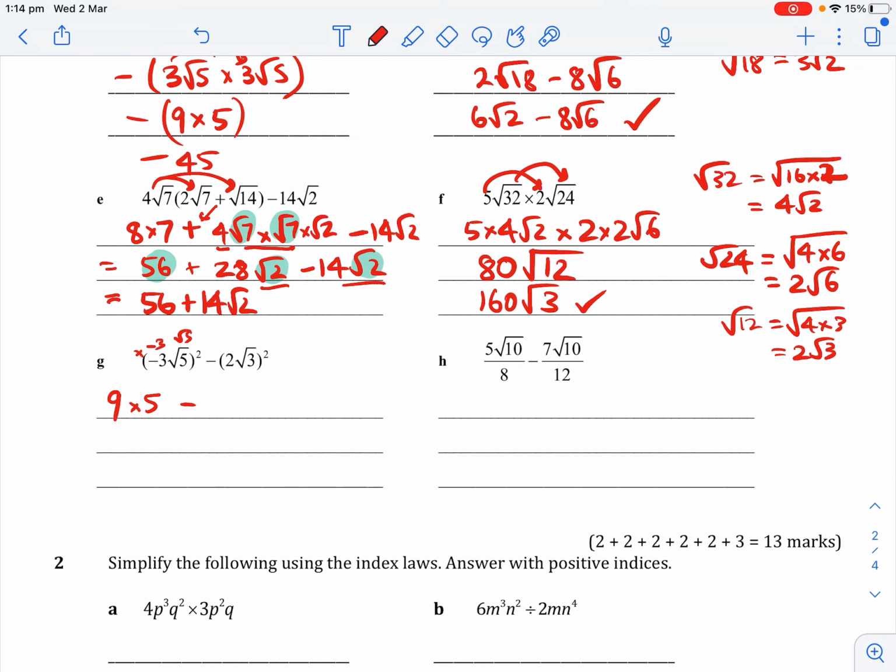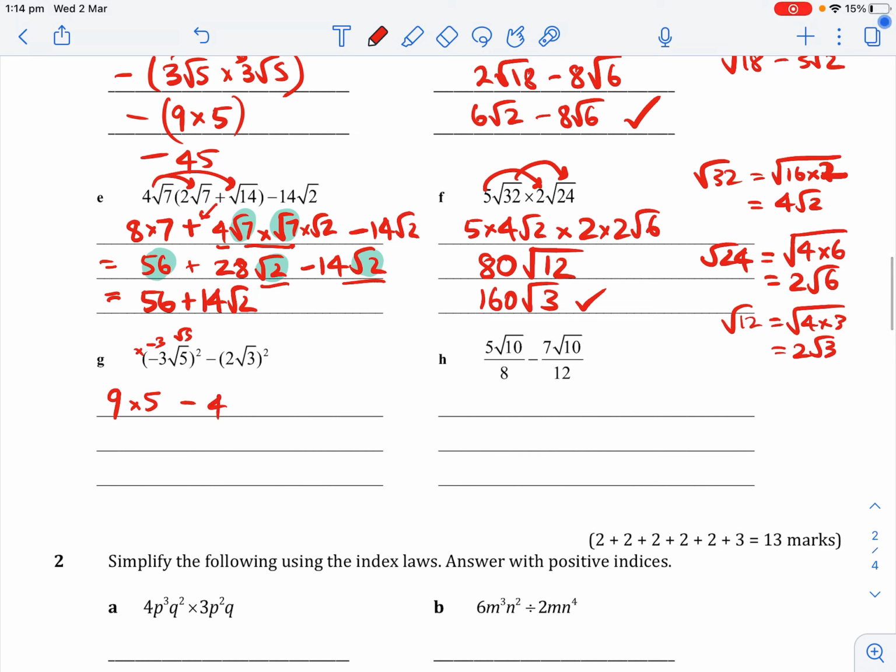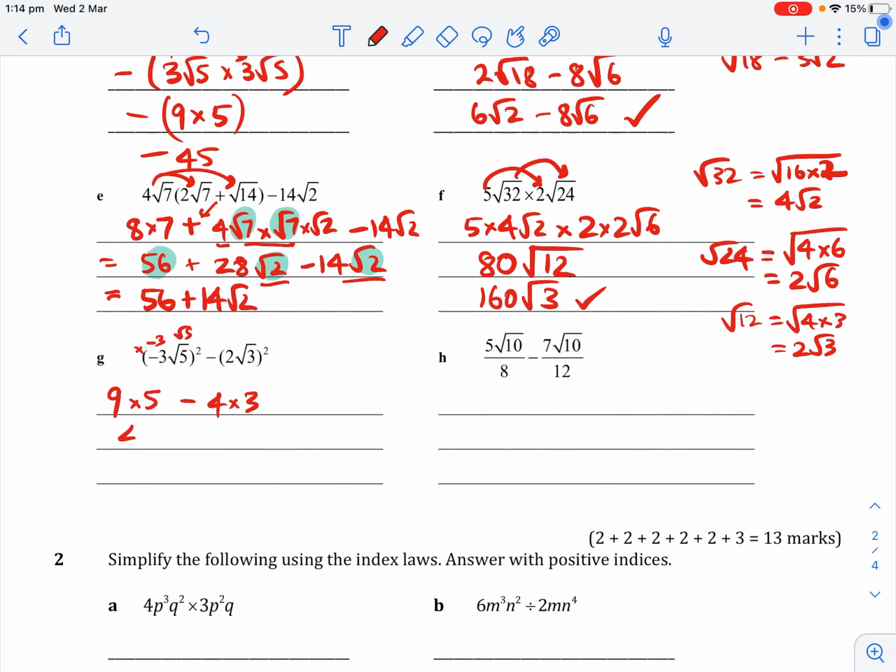Put the minus sign in. 2 squared is 4. Root 3 squared is just 3. So my equation becomes 45 minus 12, which is equal to 33. So don't forget, if you've got root 5 times root 5, it'll just be 5. Root 27 times root 27 will just be 27.